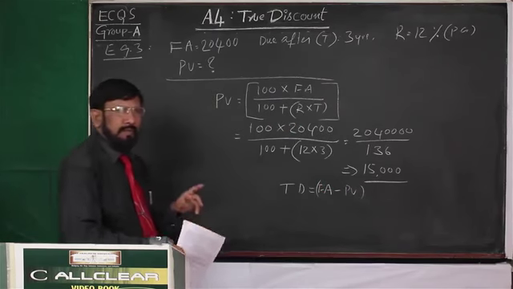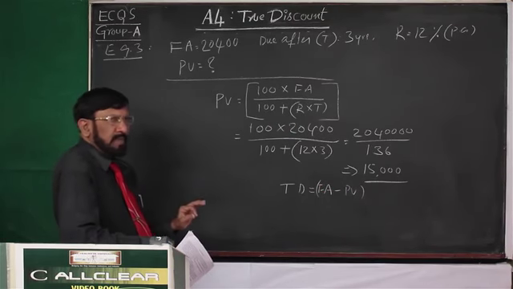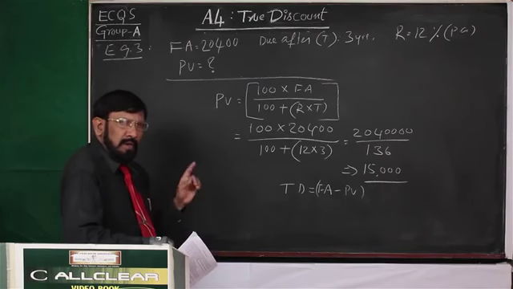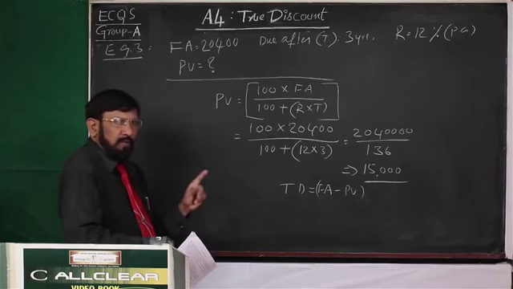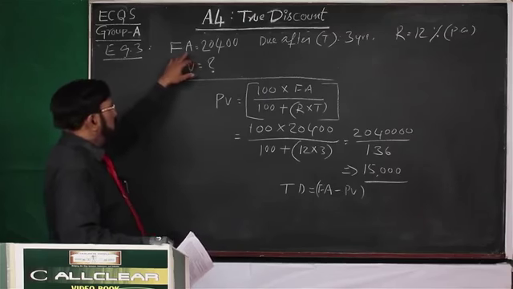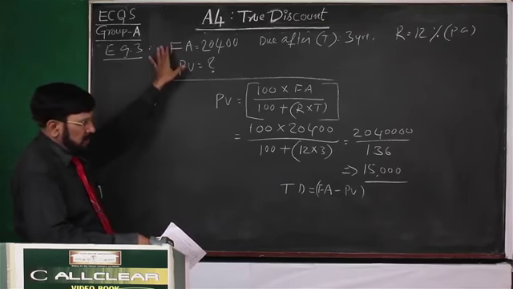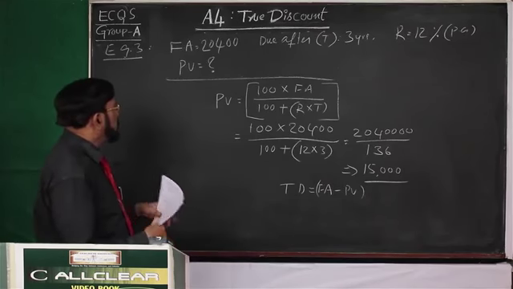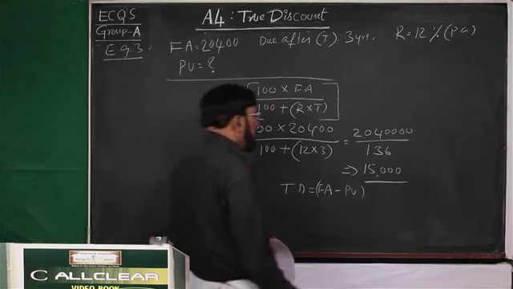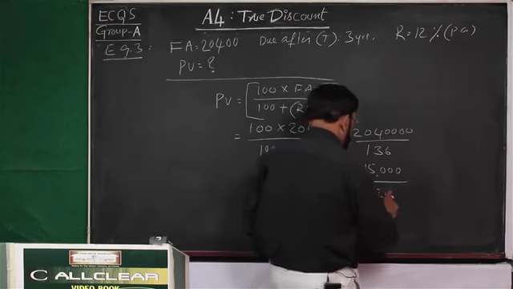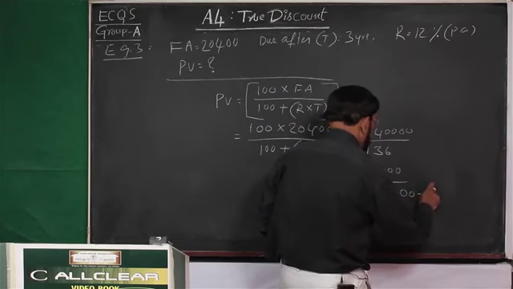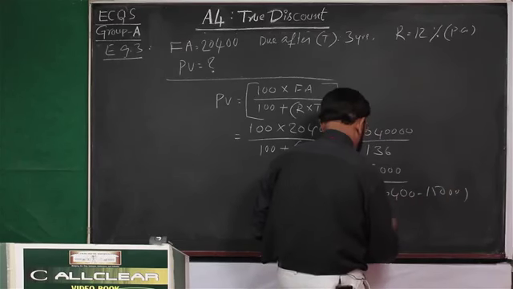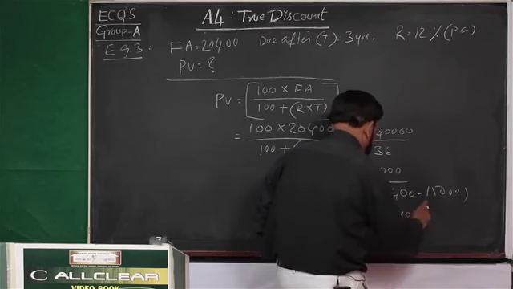As I already told you, for the sake of distinction, because in simple interest and compound interest you use the term amount, here you use future amount so you can easily identify it. That's why where amount is to be used, use future amount here. This comes to 20,400 minus 15,000, and the true discount is 5,400 rupees.